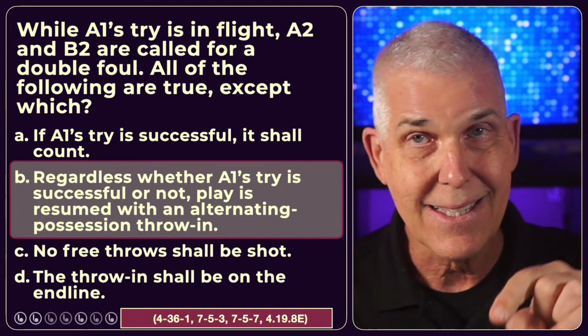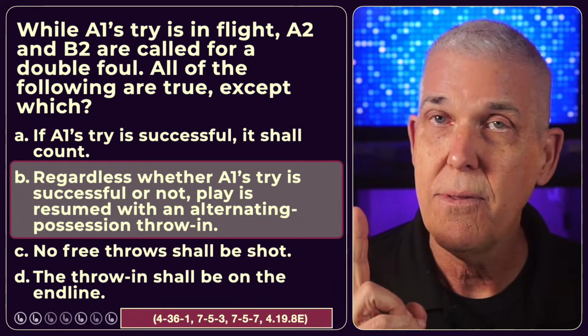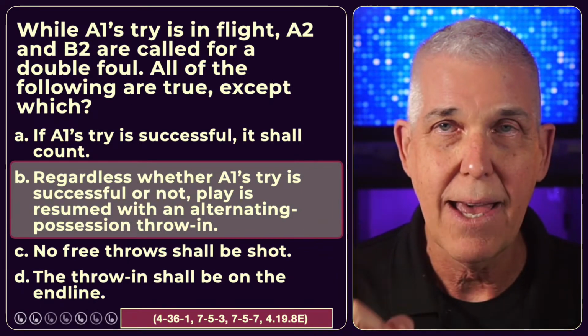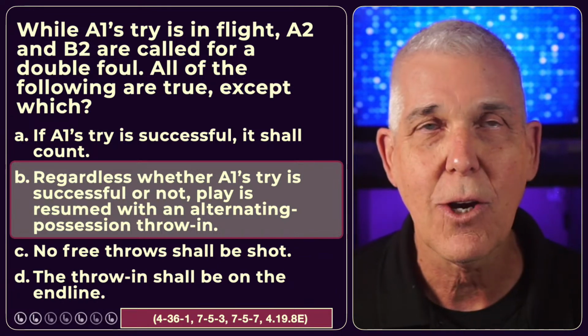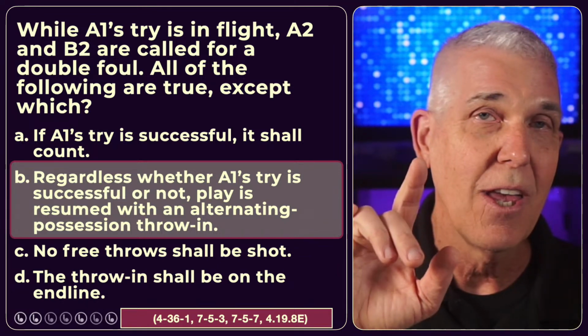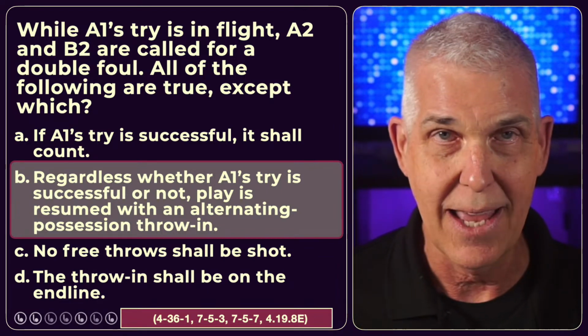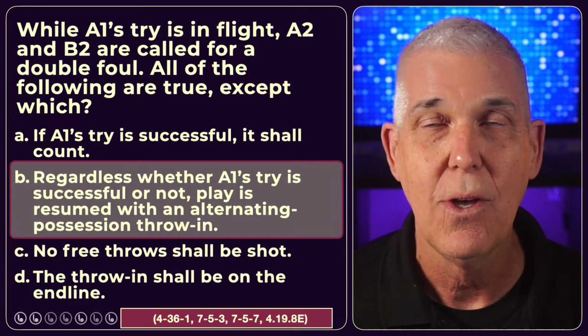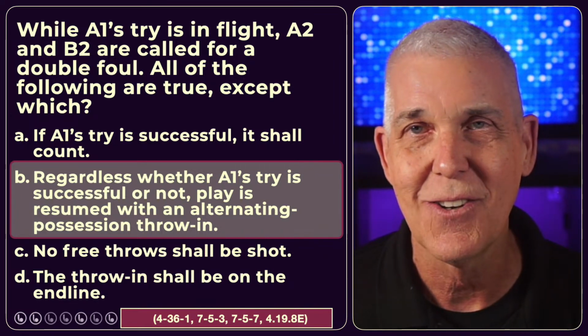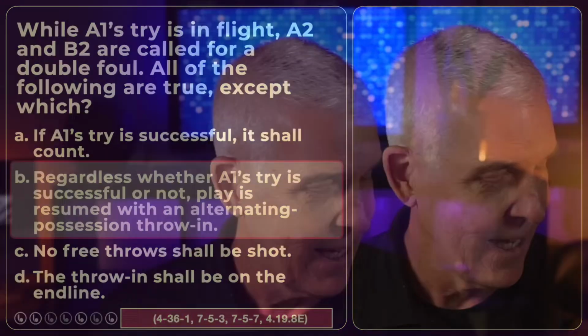If the try is successful, though, that goal would be scored and the team would have an end-line throw-in. So our correct answer, the one which is not true, B, regardless of whether A1's try is successful or not, play is resumed with an alternating possession throw-in.